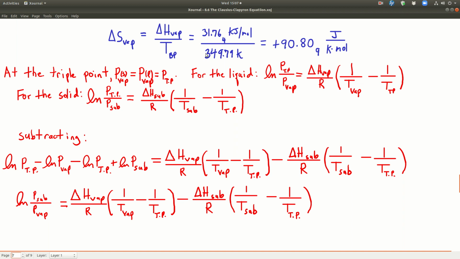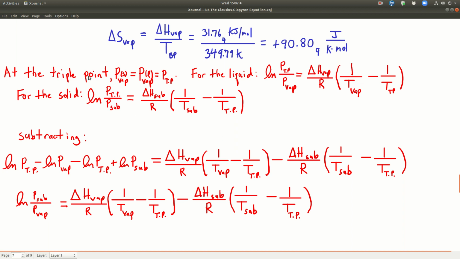So writing the Clausius-Clapeyron equation for the liquid right here, and then the Clausius-Clapeyron equation for sublimation, solid to gas, right here, we subtract this equation from this equation. On the left-hand side, because natural log of A over B is natural log of A minus natural log of B, I've written this term and this term as natural log of the top pressure minus the bottom pressure.